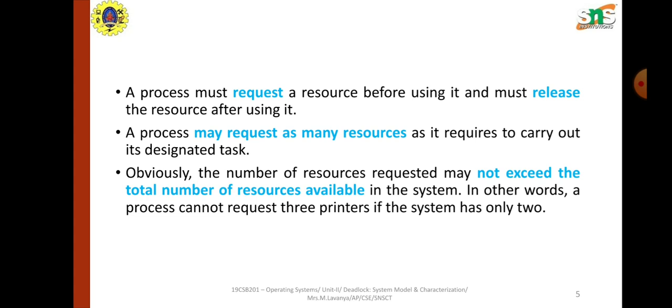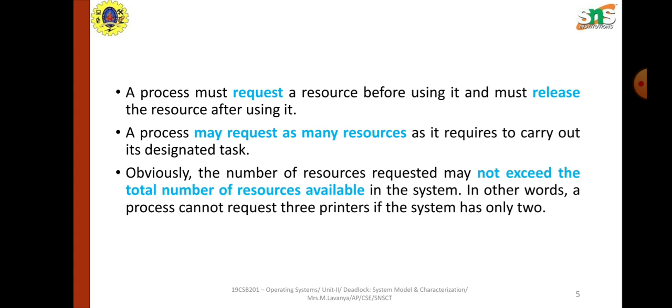If the system currently holds only 5 available resources, then 10 resources, which is greater than 5, cannot be allocated to that process. The number of requested resources must be less than the total number of available resources. Then only can that process be allocated those resources.